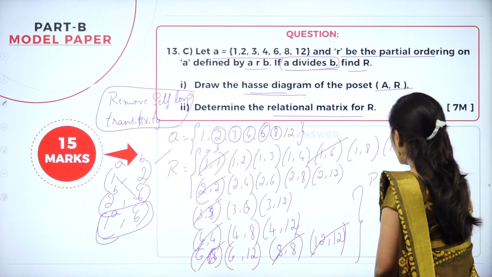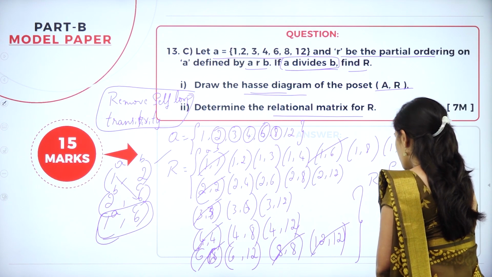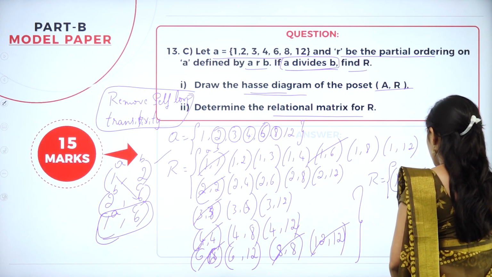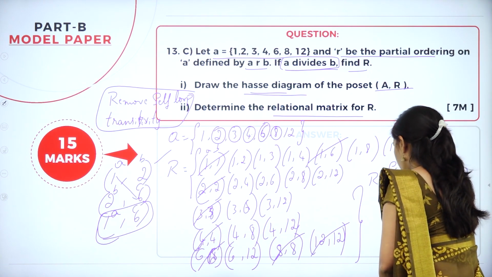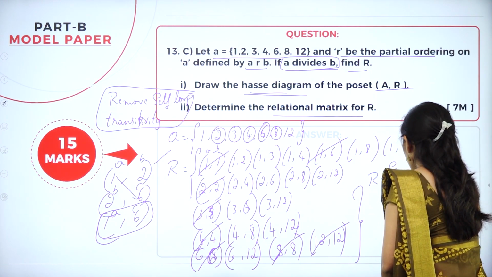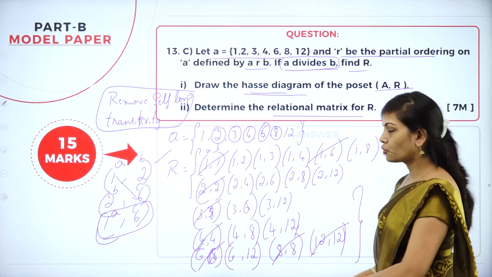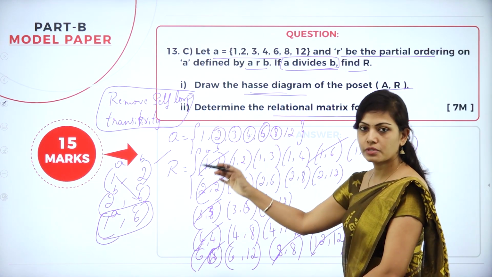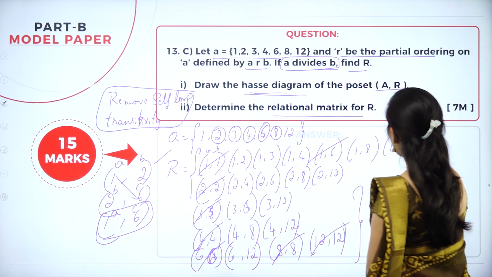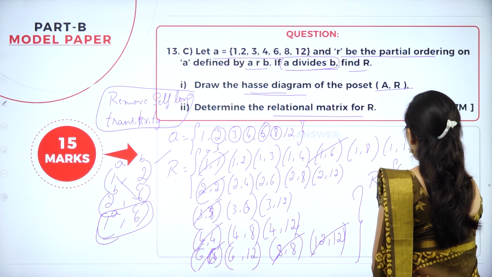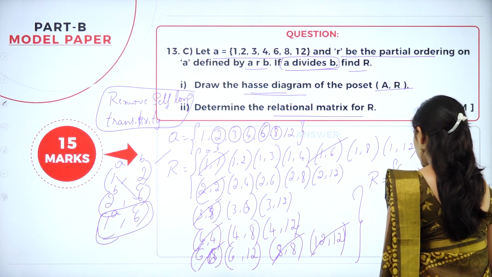So finally I'll get this relation, that is 1 to 2, 1 to 3, 1 to 4 and 1 to 6. So 1 to 6 we have already removed. So after this removal of self loop and transitivity, you will get another relation, that is 1 to 2 and 1 to 3.